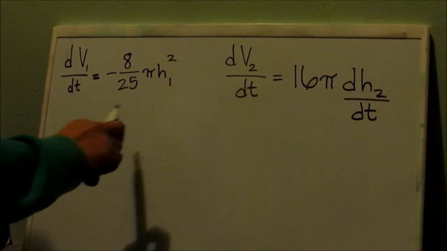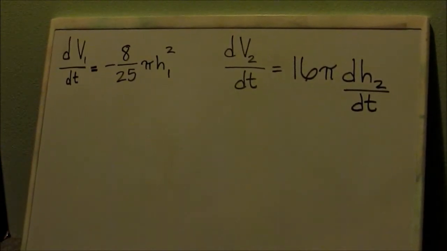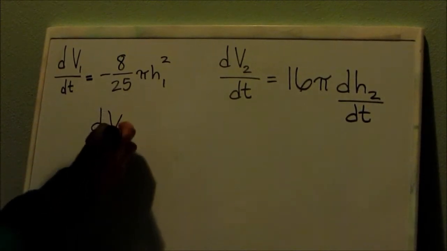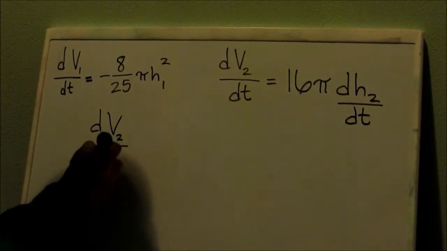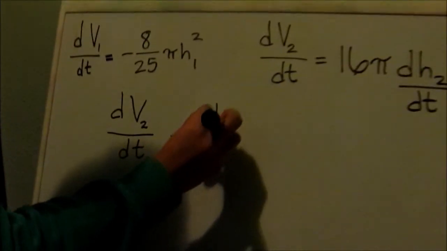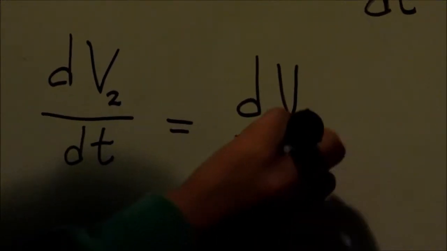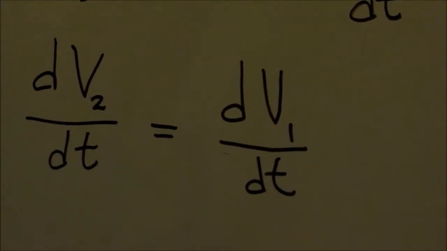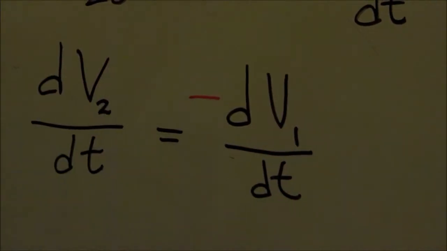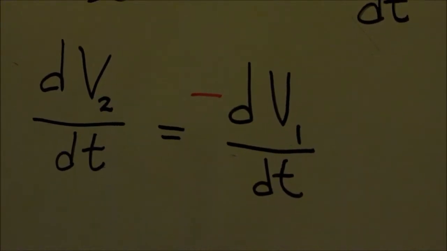We have found the derivatives for both of the volume formulas. We can now set these derivatives equal to each other. The derivative of V sub 2 with respect to t equals the derivative of V sub 1 with respect to t. The derivative of V sub 1 has to be negative because the rate of change for the conical tank is decreasing.